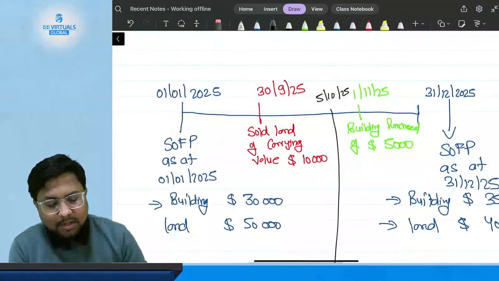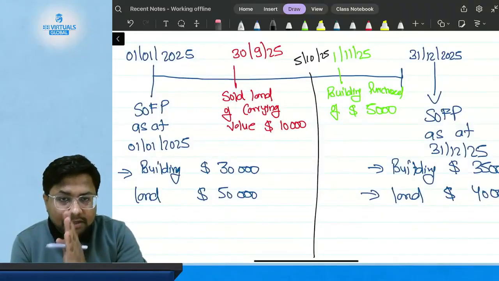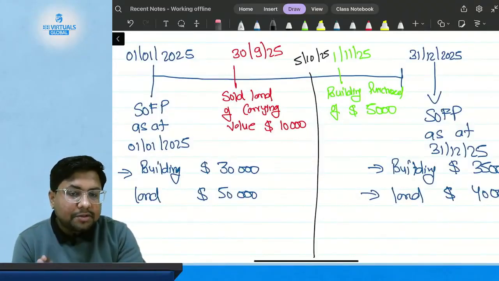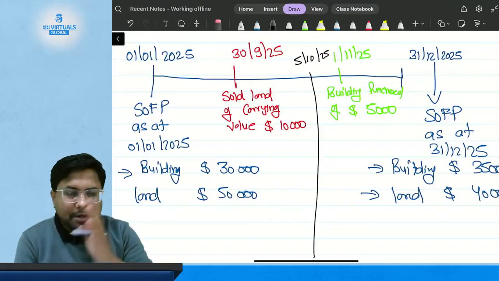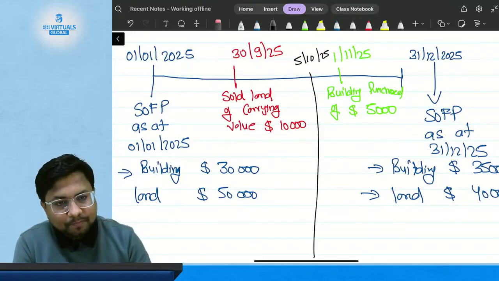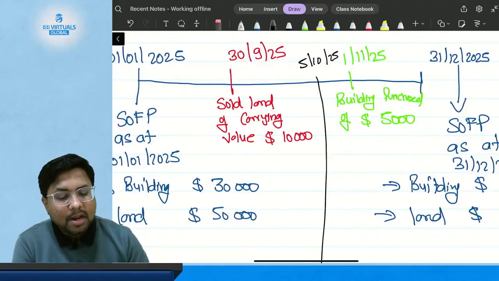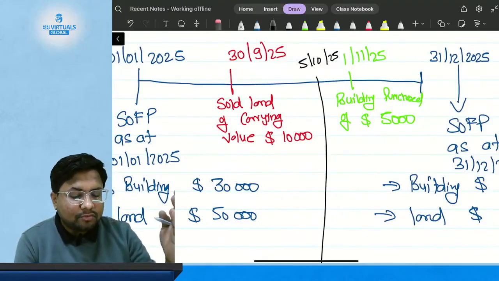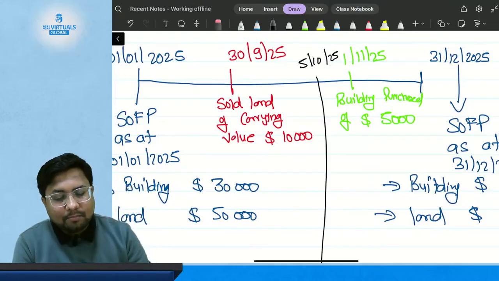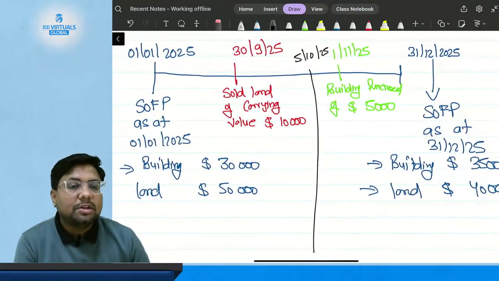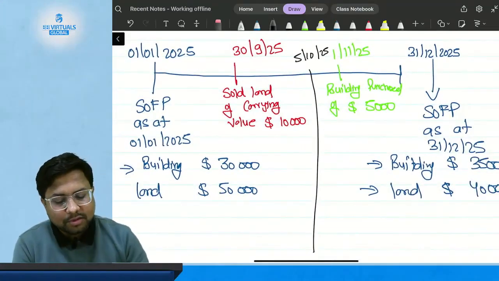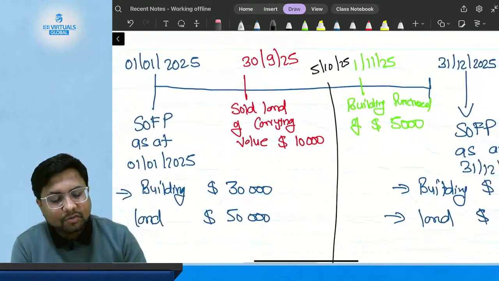Now understand, my accounting period started from 1st of January and is going to end on 31st of December, and I have sold land on 30th of September. I am going to purchase the building on 1st of November, but the management needs financial position on 5th of October.